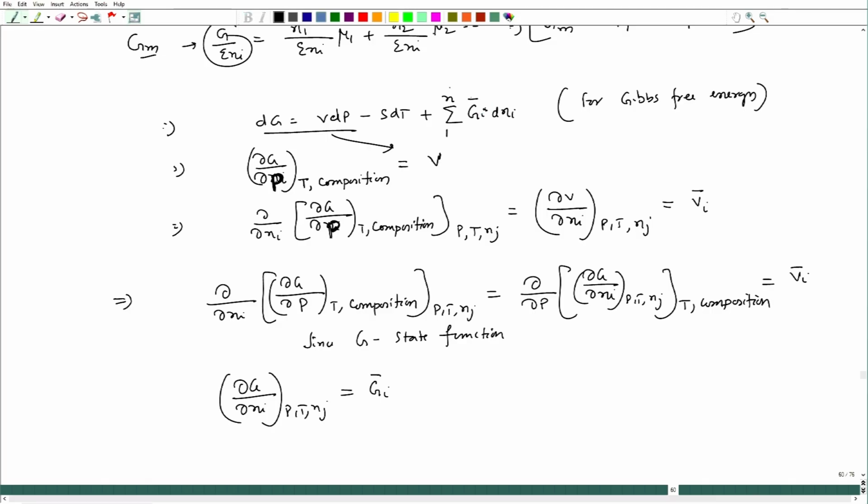I will tell you why I am writing with reference to G i bar. You can also convert into mu and do the entire treatment with reference to mu, but G i bar will be helpful to understand.